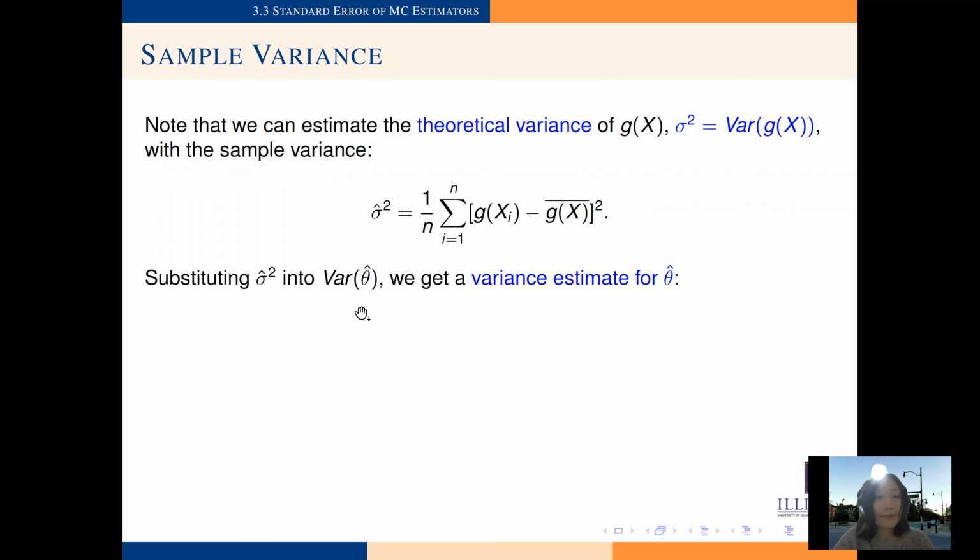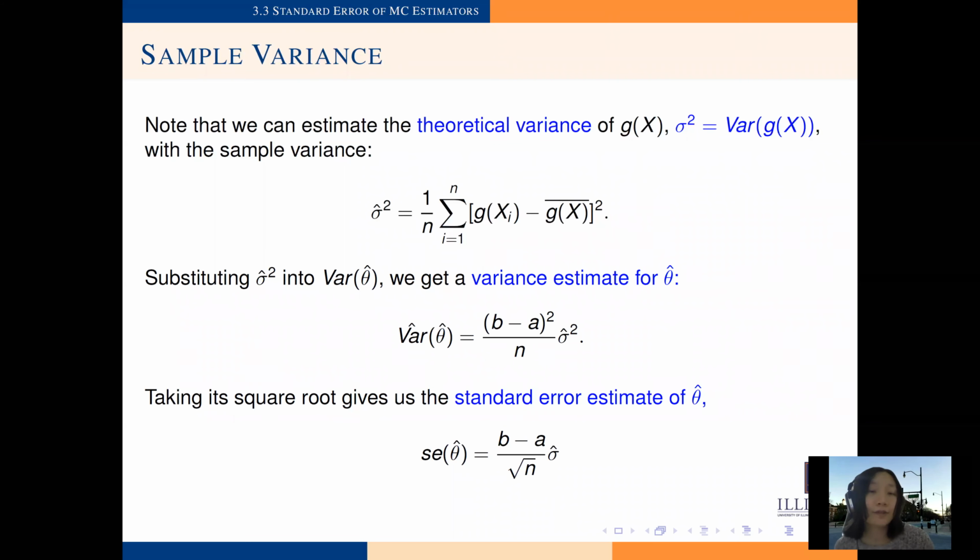So if we substitute sigma hat squared into the variance of theta hat, we can get a variance estimate for our theta hat as well. And this is given by var hat of theta hat, denoting the estimated variance of theta hat, which is equal to (b minus a) squared divided by n, where we substitute sigma squared by sigma hat squared, so times sigma hat squared.